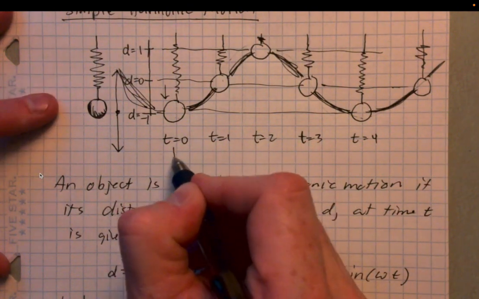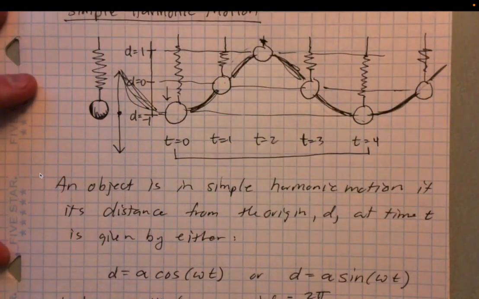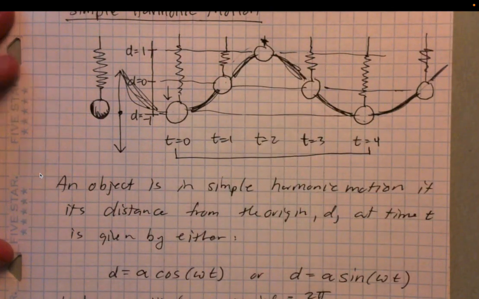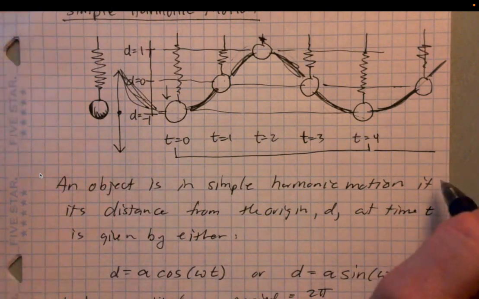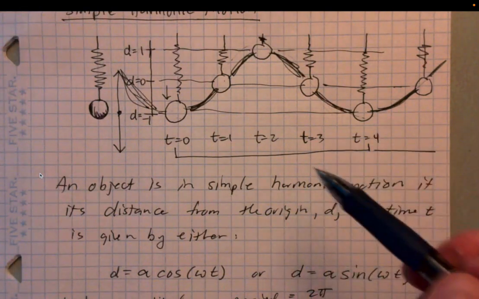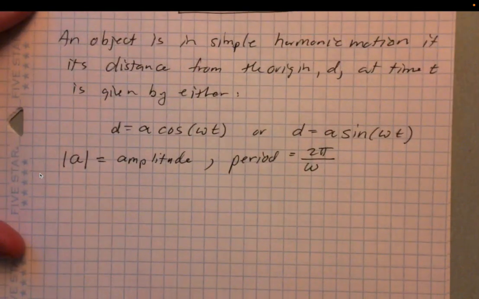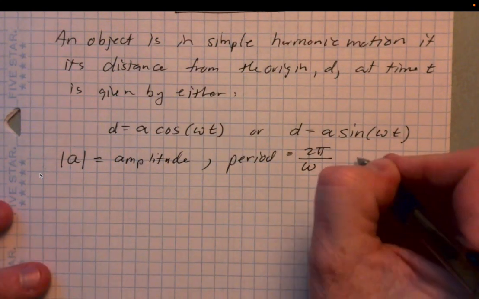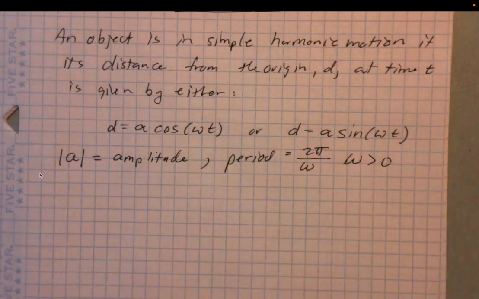In our example, one period is between time equals 0 and time equals 4. The ball repeats itself after that interval, so the next interval would start here and go from time 4 up to time 8. So this is what we mean by simple harmonic motion. And of course, I should say omega is greater than 0 here.